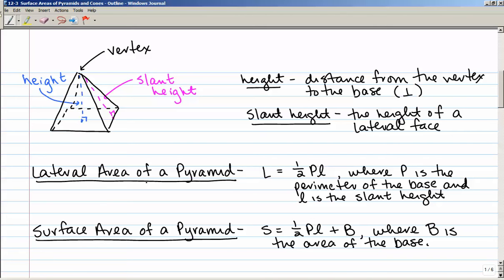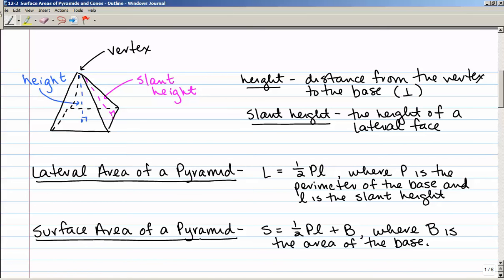So to find the lateral area of a pyramid, we use the formula L equals 1/2 Pl, where P is the perimeter of the base and lowercase l is the slant height. So we use a capital L for the lateral area and a lowercase l for the slant height. So 1/2 perimeter times slant height.